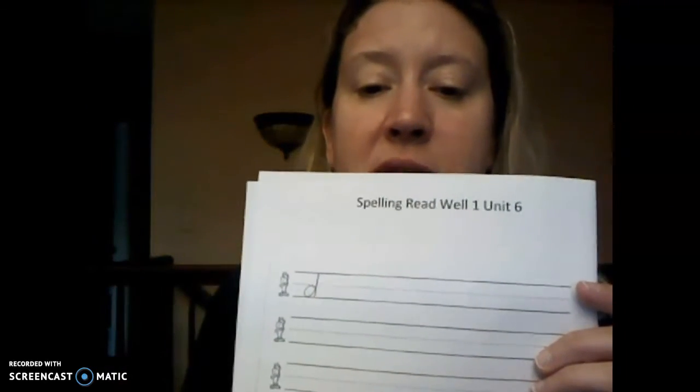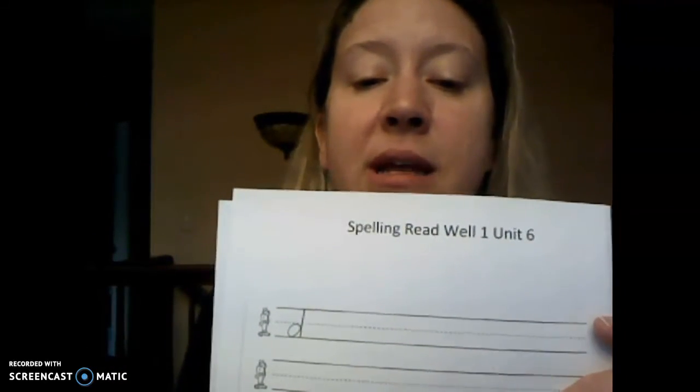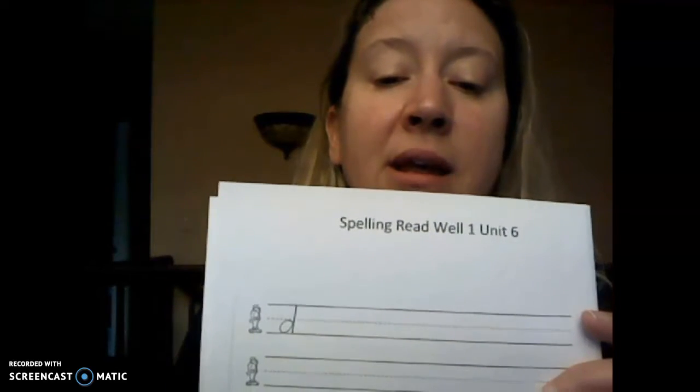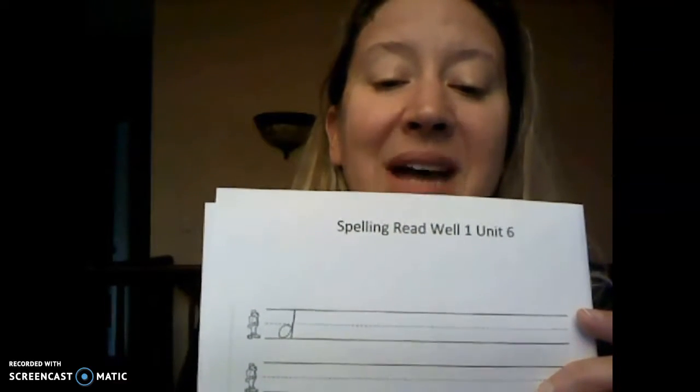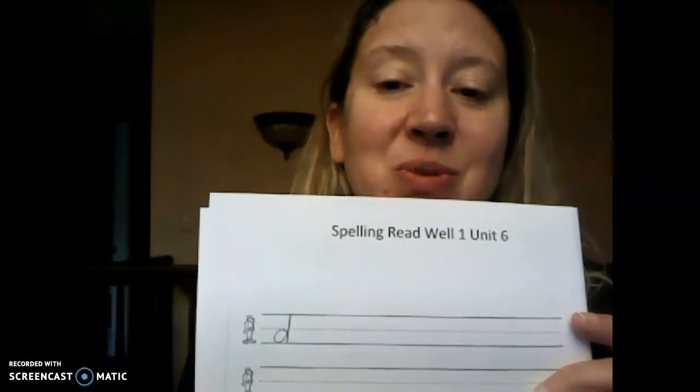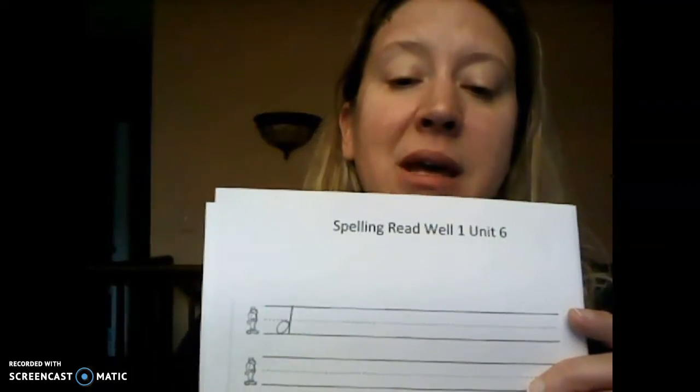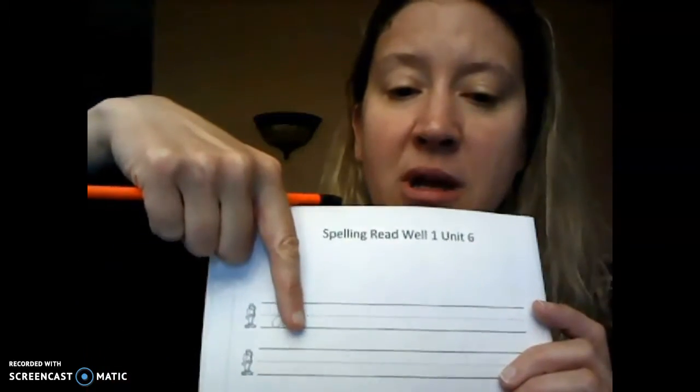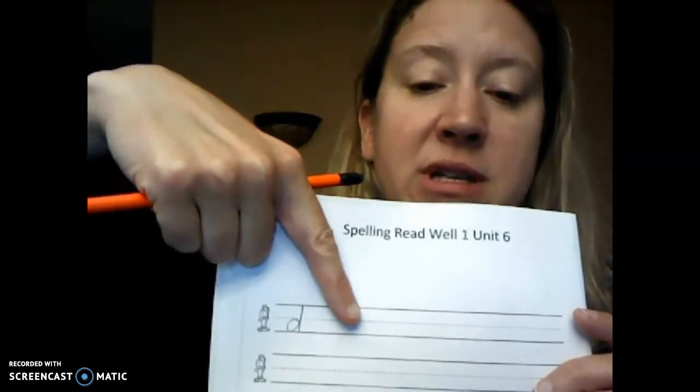And you should have the lowercase d, like that. When you do your D, it's a magic C turn into a D. Okay? Make sure you put a finger space between your letters before you start your next letter, okay?